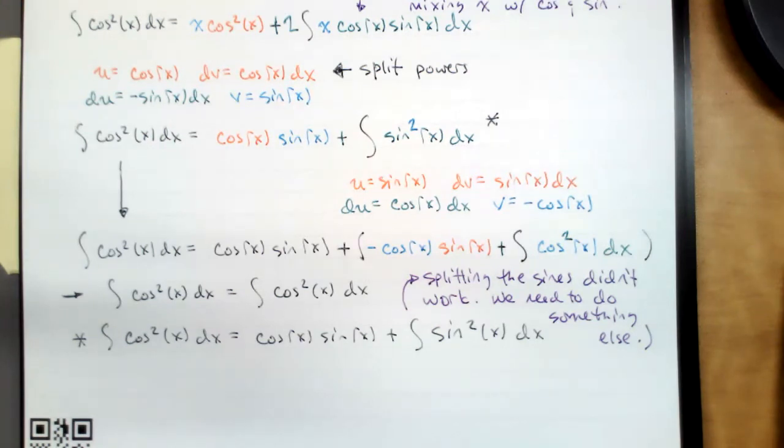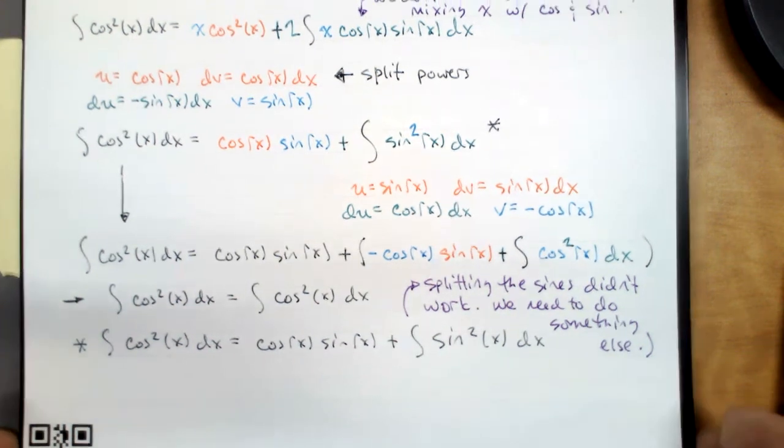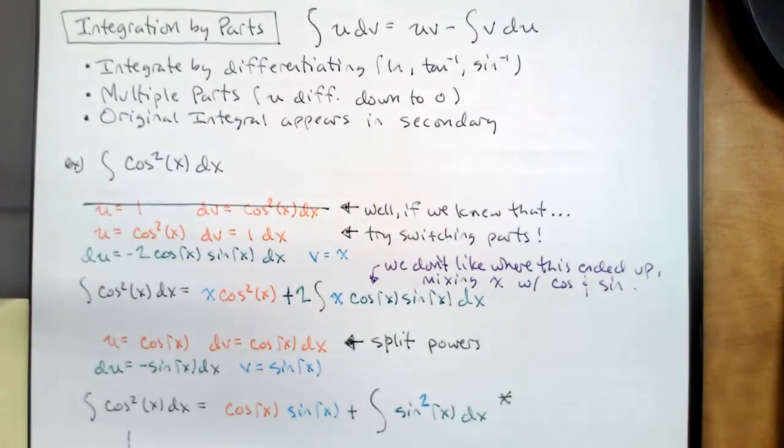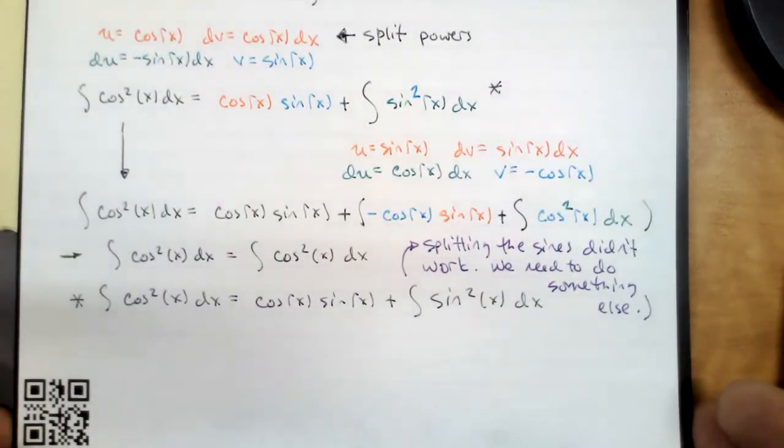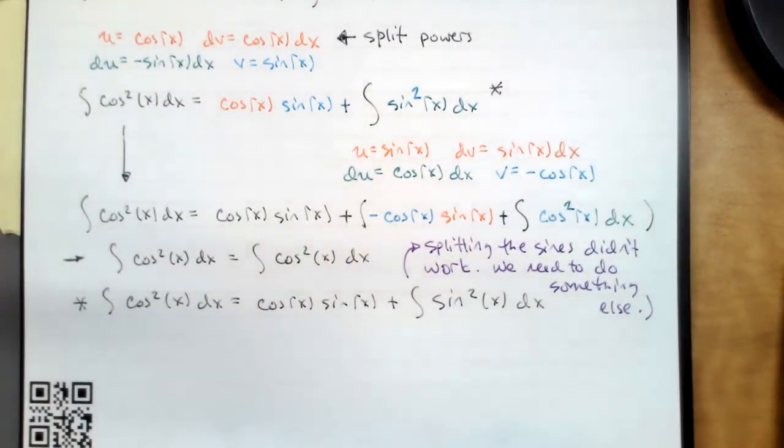Because we know splitting the signs doesn't work, we're going to replace sine squared with 1 minus cosine squared. That gets us one of our variations, where the original integral appears in the secondary. But this time, rather than just telling us that the integral of cosine squared is equal to the integral of cosine squared, we're actually going to get somewhere.